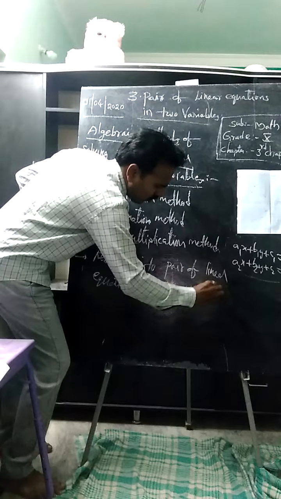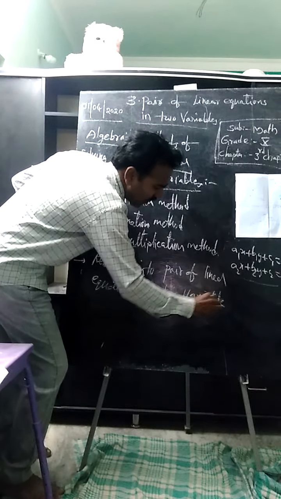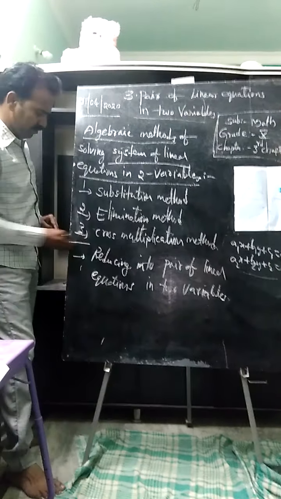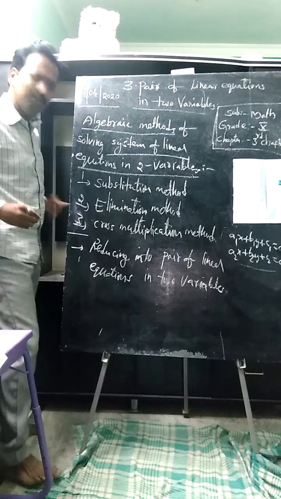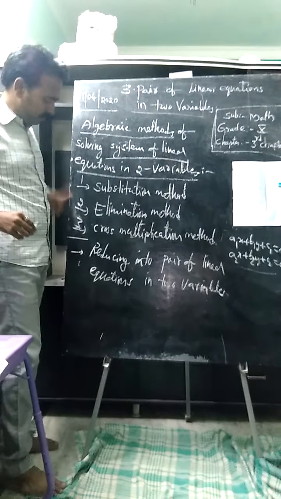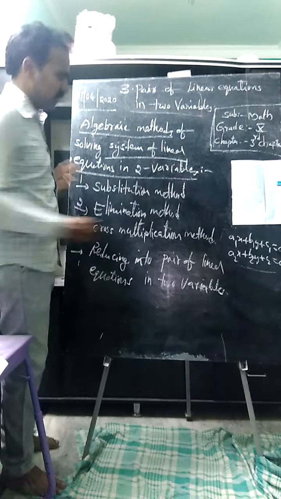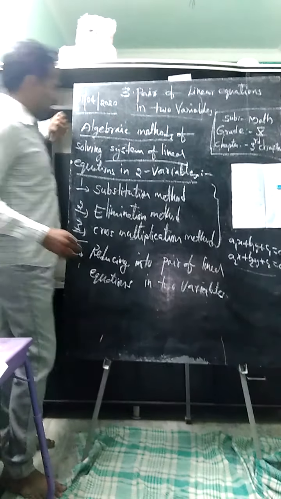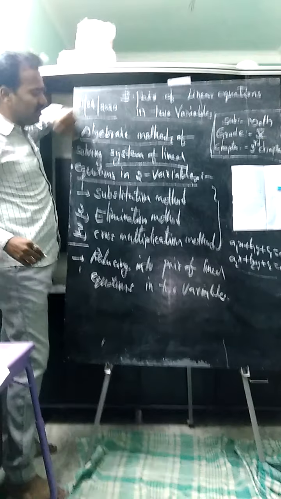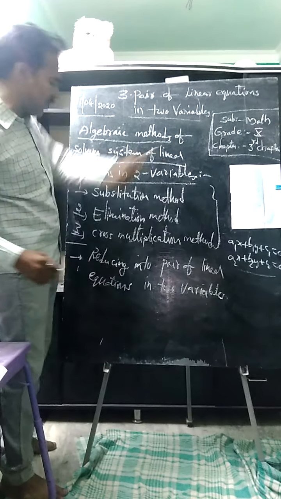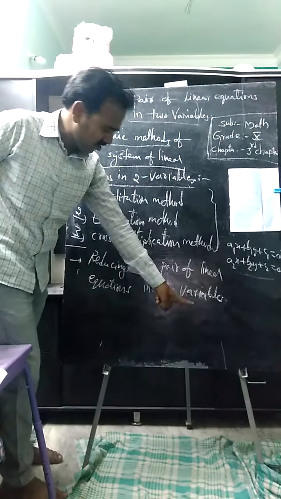That is actually not a method, but a process you will learn apart from this. But mainly you have three methods: the substitution method, the elimination method, and the cross multiplication method. These three are the algebraic methods of solving a system of linear equations in two variables, or a pair of linear equations in two variables.